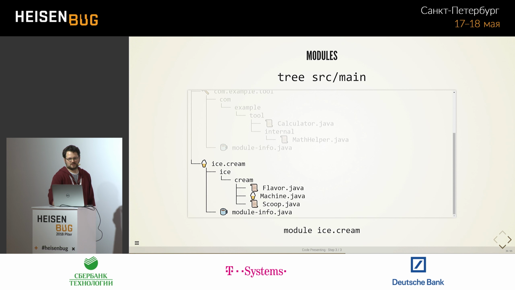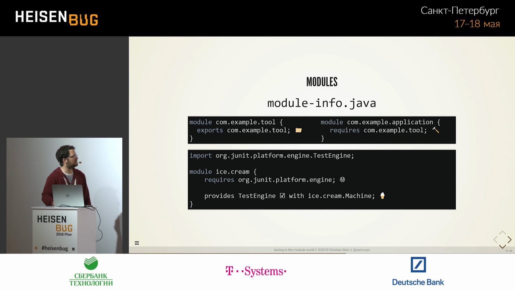So let's look into the descriptors. In the first block, you see our two modules. The example application, on the right, requires the module tool. On the left, you see the tool, which exports a package. So nothing fancy here, just a basic modular setup.